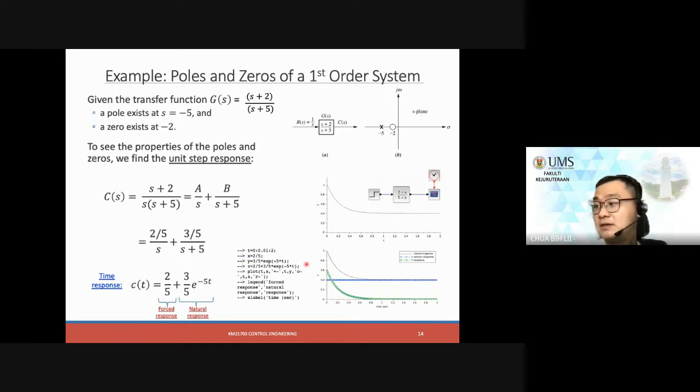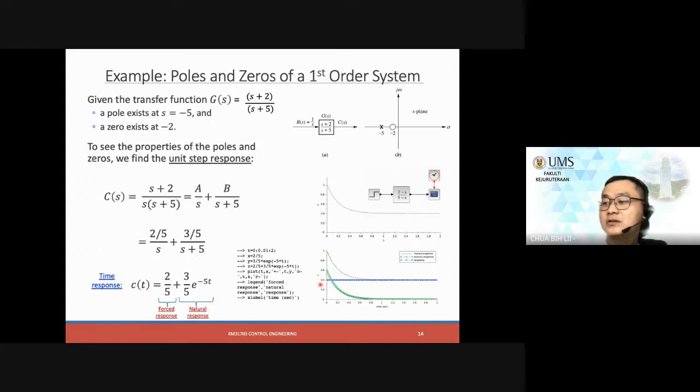The whole response that we generate is a line from 1 dropping to maybe 0.5. Yeah, 2 over 5, so sorry, 0.4, because this is the forced response that is responsible for the steady state that we mentioned previously. Eventually you come to a point where it becomes a steady value of 0.4, and that steady value is represented by this blue dot.